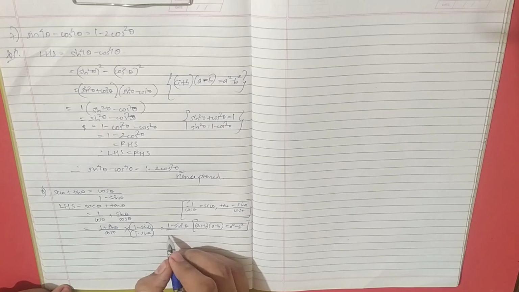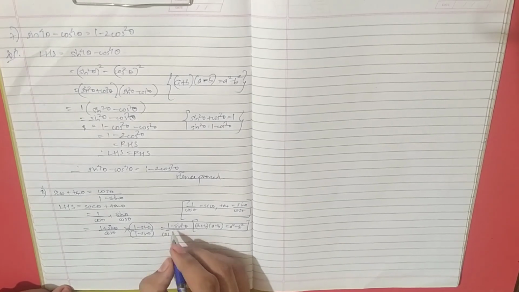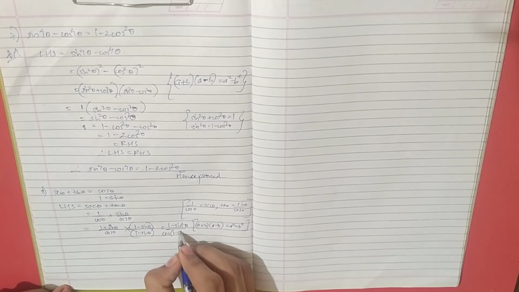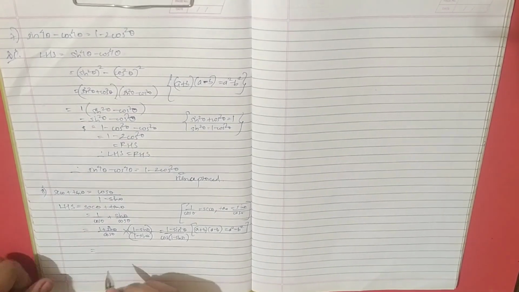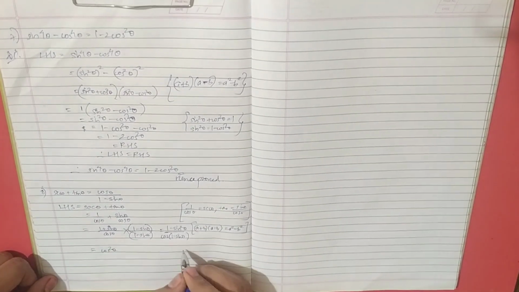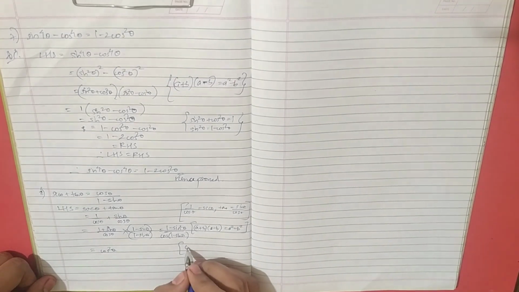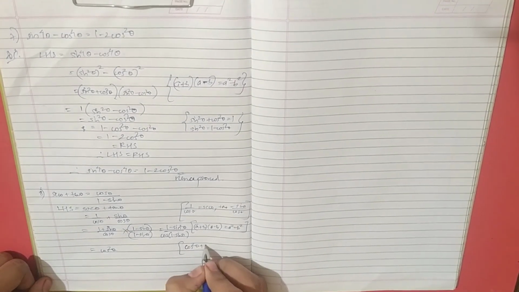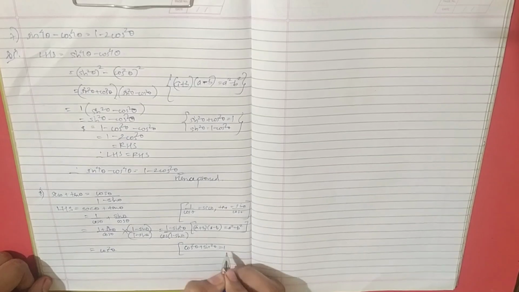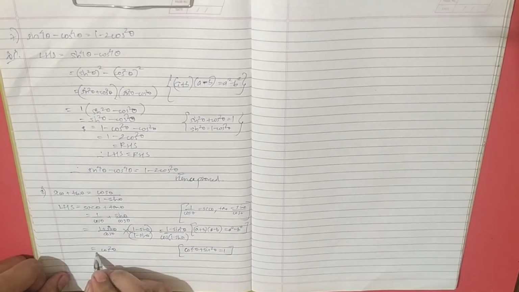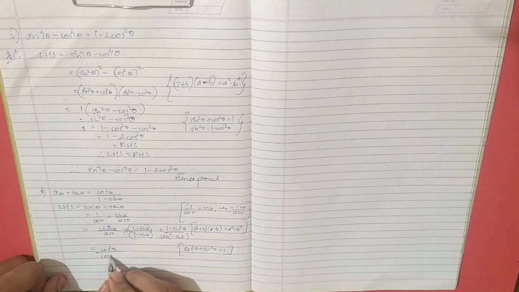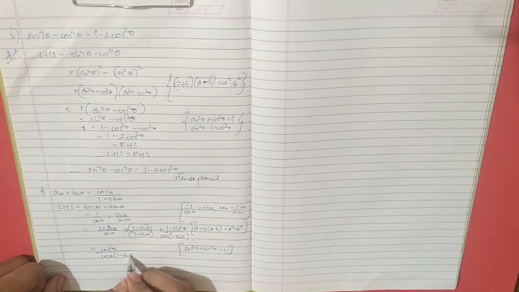Therefore this will be 1 minus sin square theta upon cos into 1 minus sin theta. So 1 minus sin square theta is cos square theta from the identity formula, which is cos square theta plus sin square theta equals 1. Therefore 1 minus sin square theta is cos square theta upon cos theta into 1 minus sin theta.